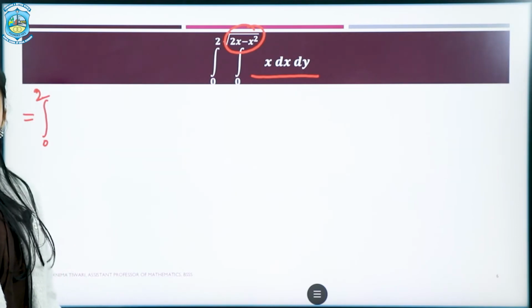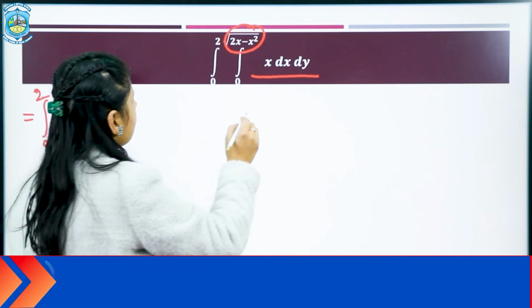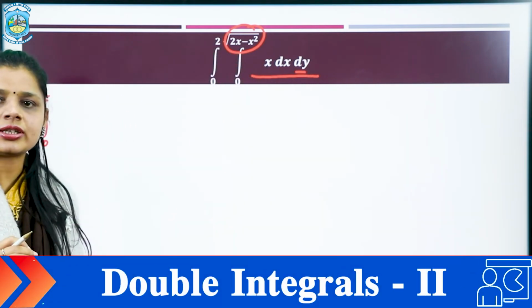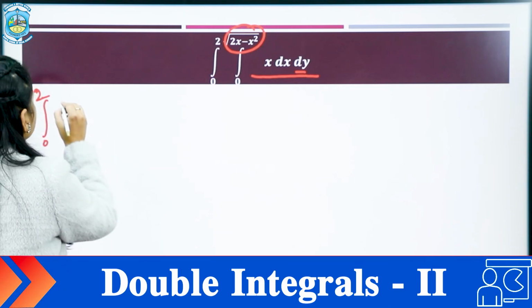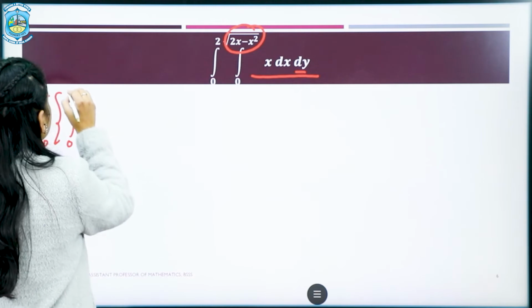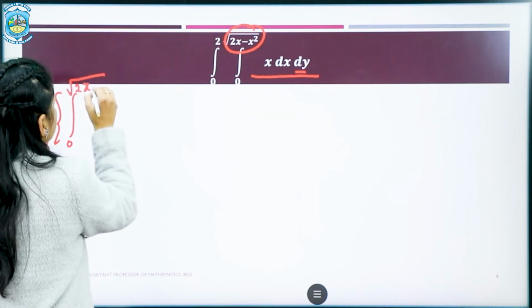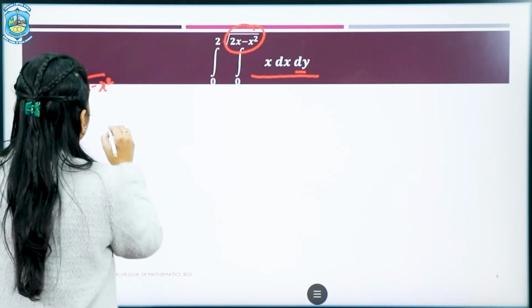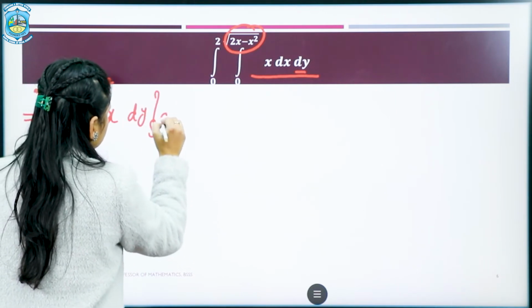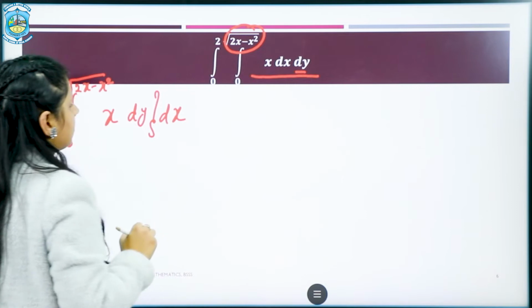That is, first we will integrate with respect to y and then we will integrate with respect to x. So, we will get integral 0 to square root of 2x minus x square, function is x, first integration with respect to y, then with respect to x.